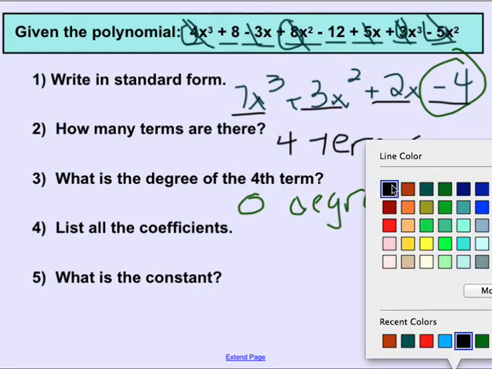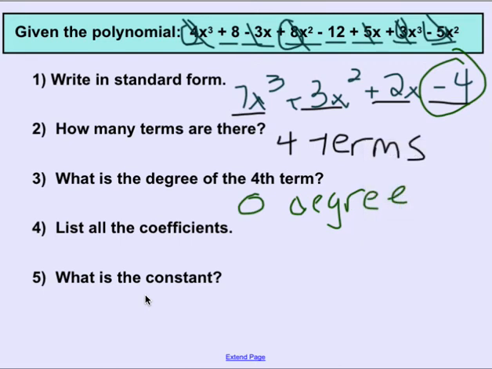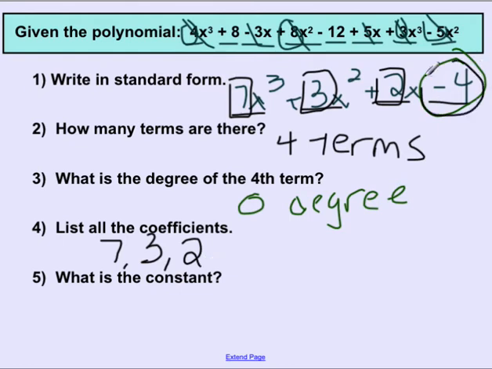Now remember, when you're listing the coefficients, you're only listing out the numeric factors. So 7, 3, 2. Notice I'm not putting the x's with it. I'm just writing out the numbers. Last but not least, what is the constant? The constant is the thing that's just a number. My constant here is negative 4.